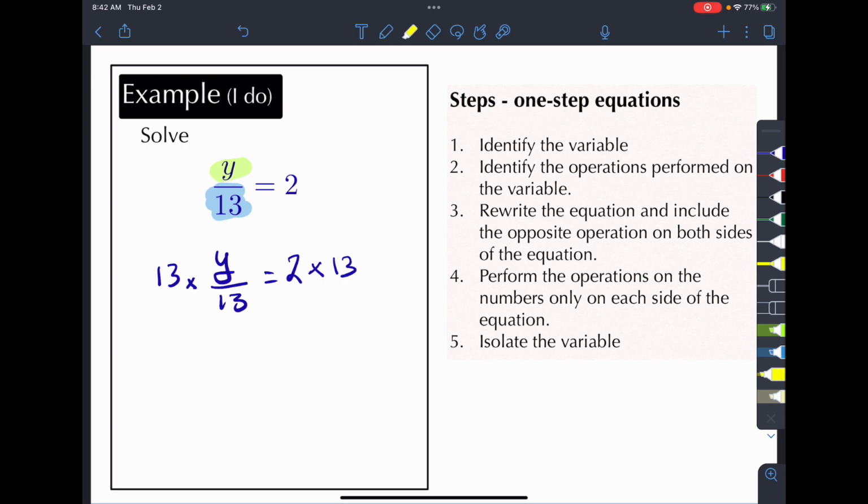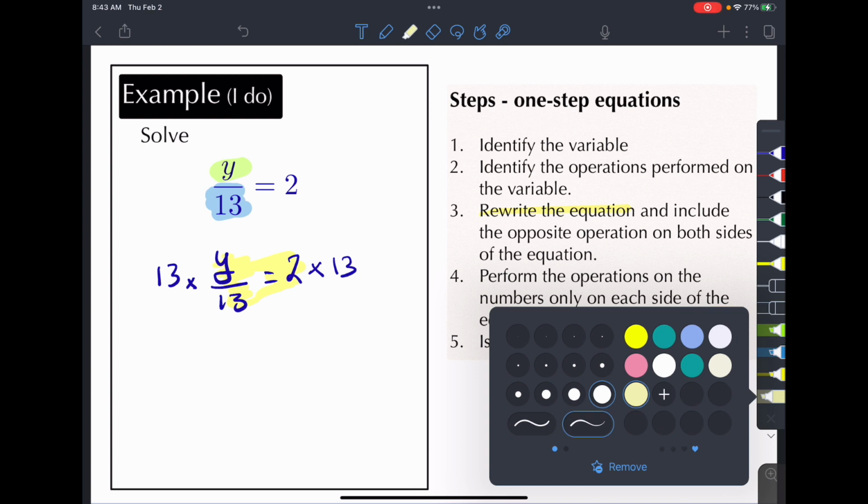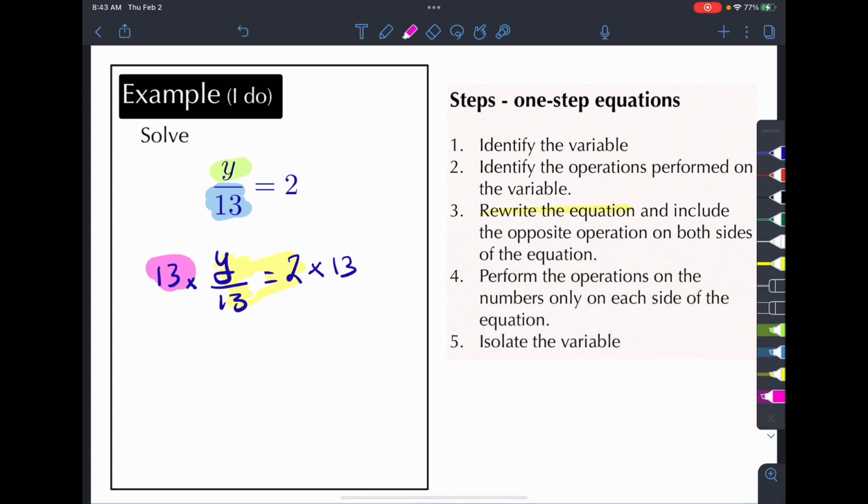Okay, so let's highlight this. I rewrote the equation, so that's this part. And then the next part of that step was to multiply both sides by the opposite operation.